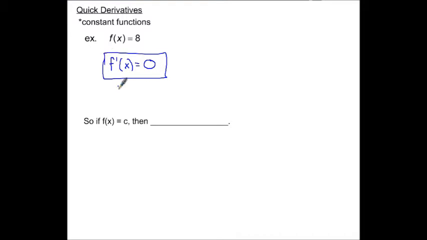So as our quick rule, if I have a function which is just a number c, its derivative is always going to be 0. Every time, if it's just a number, derivative 0, simple as that.